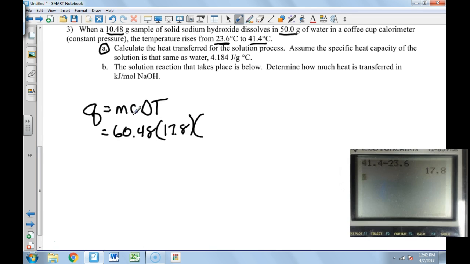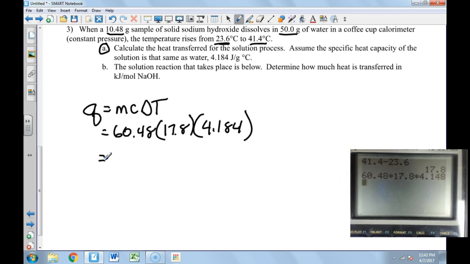And then the C, the specific heat, 4.814, and so that's going to give us, let's see, 60.48 times the delta T. I don't know why I put that one before the C, but it doesn't matter. It's multiplication. So then we're going to multiply by this specific heat.